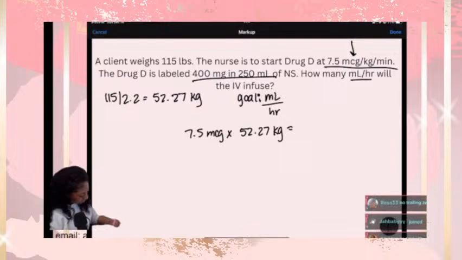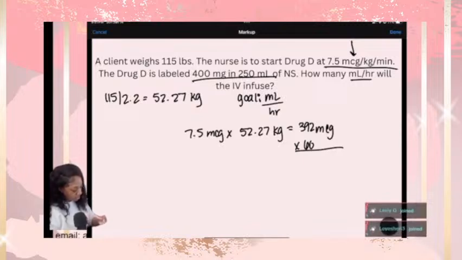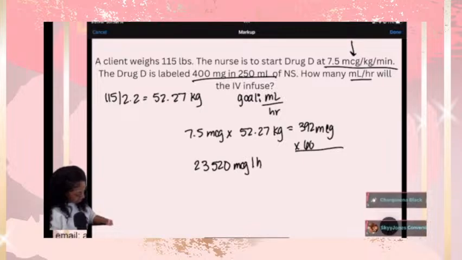That's going to give us micrograms per minute. Okay? We'll multiply this by 60 to get how many micrograms is in an hour. So 392 times 60 is going to be that many micrograms in an hour.